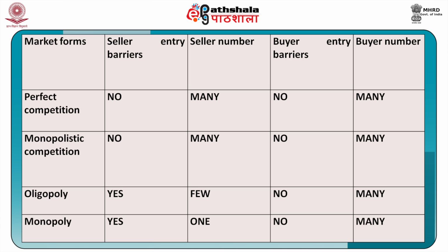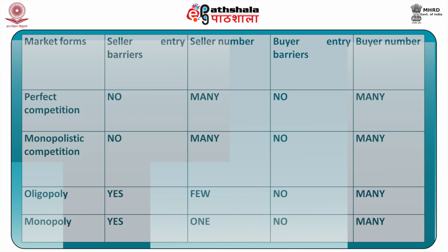In oligopoly, what we find is that there are few sellers, many buyers, and definitely many restrictions. There are barriers to entry as far as the producers are concerned. There are of course no barriers to entry when it comes to the buyers. In monopoly also the conditions are very similar.